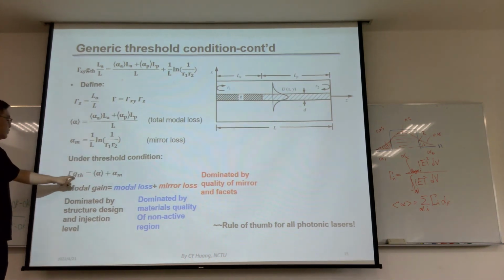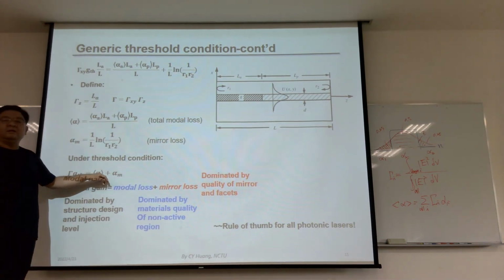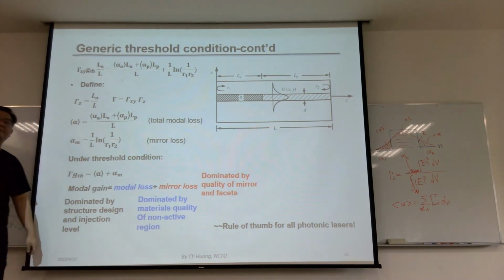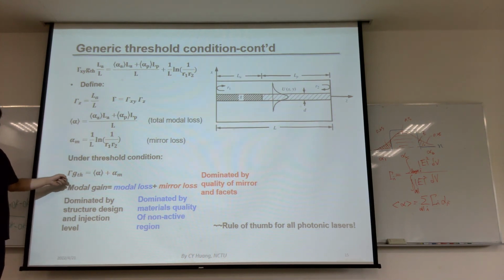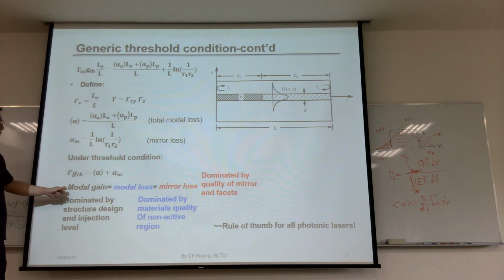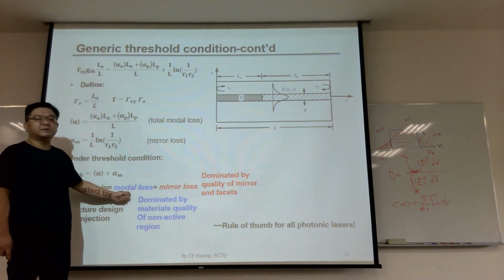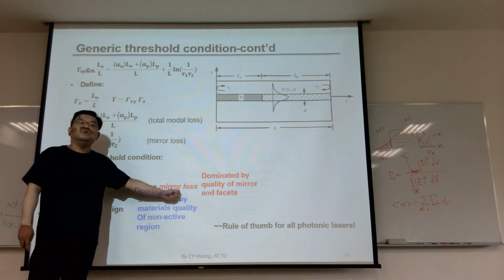Gamma g_th should be the averaged alpha plus alpha_m. In English, while the laser is at its threshold condition, the modal gain should be equal to the modal loss plus the mirror loss.